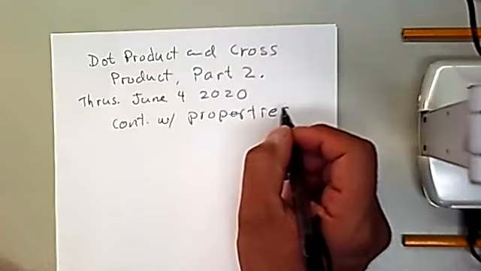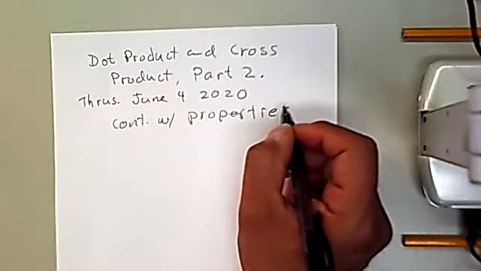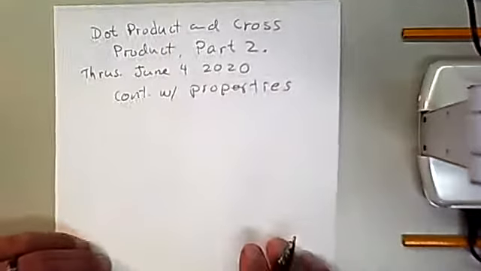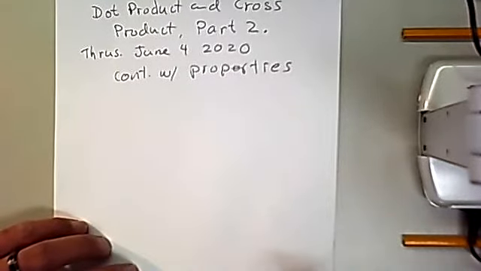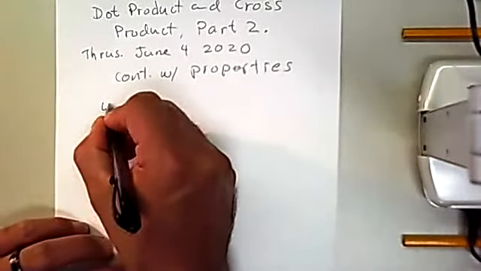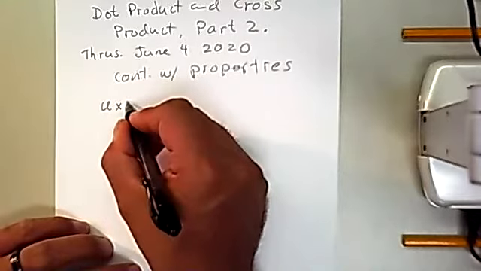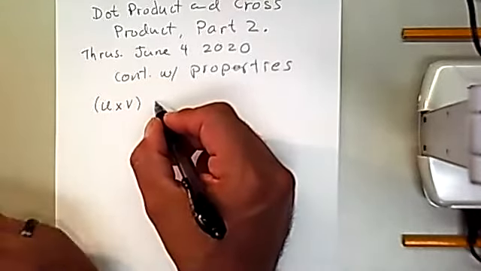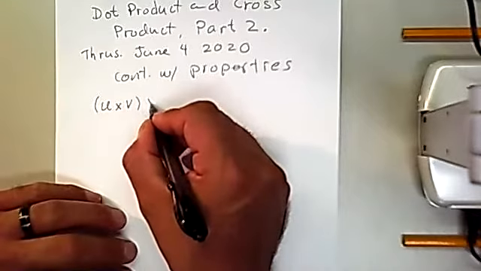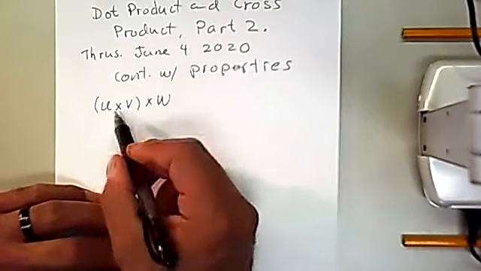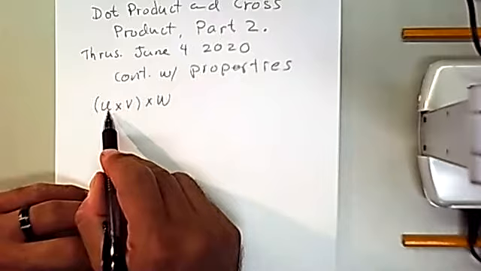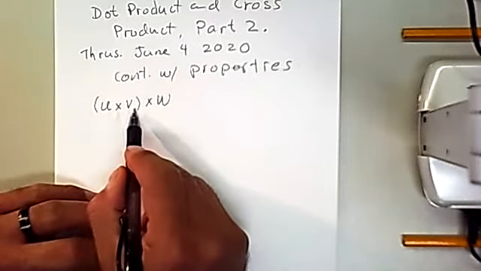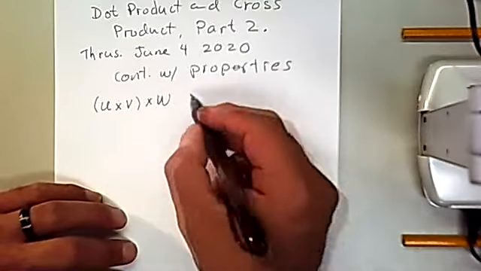So the associative property of the dot product doesn't even make sense. Asking the question of whether the cross product is associative is a good question, because the product does make sense. If you have two vectors, u and v, and cross them, you get a vector, and consequently, we can cross that again with a third vector w.